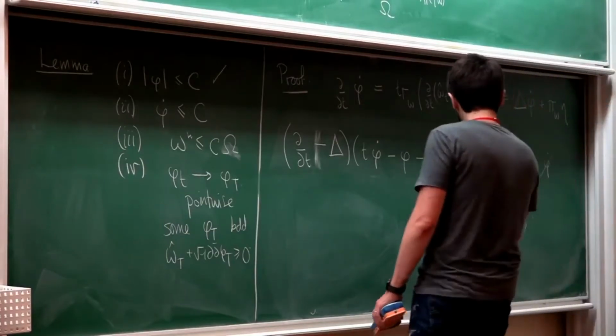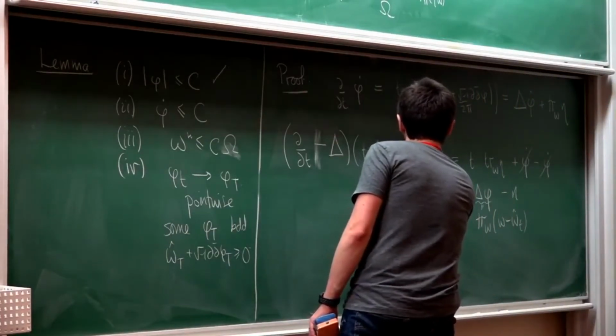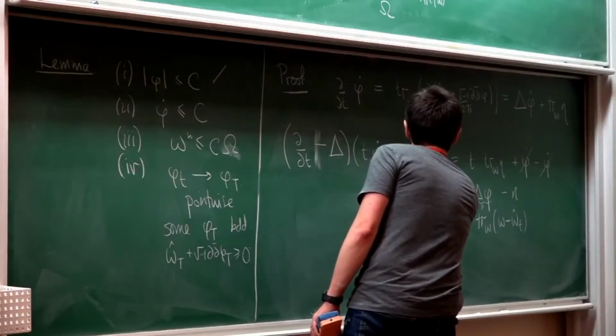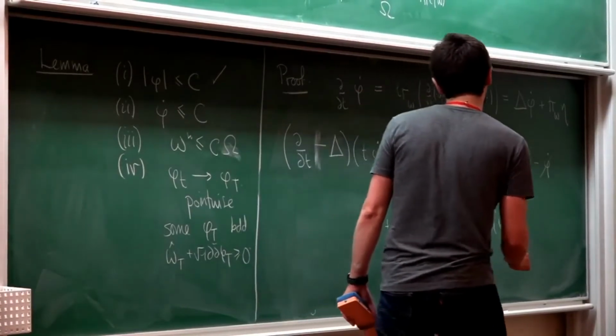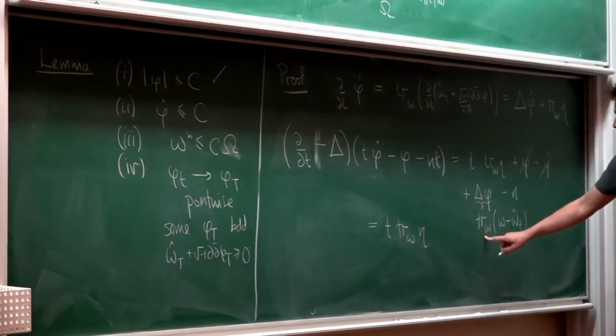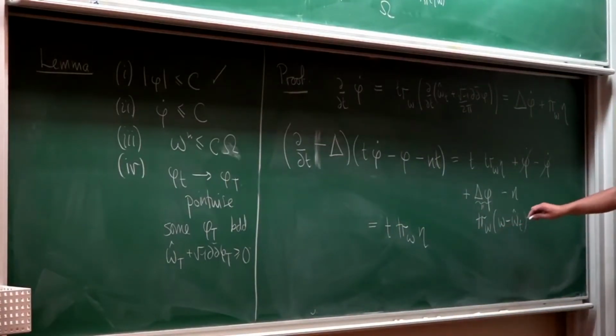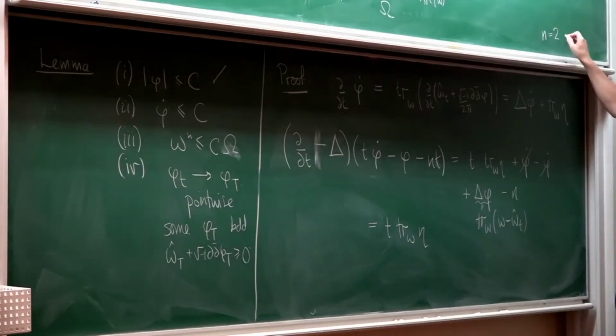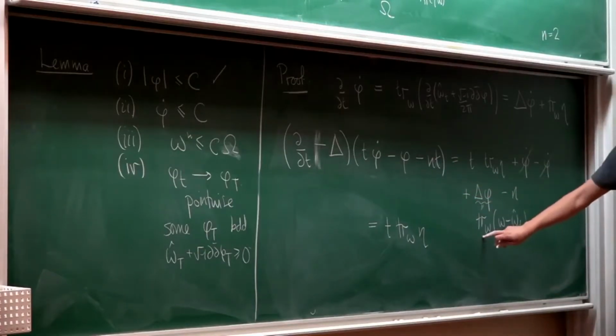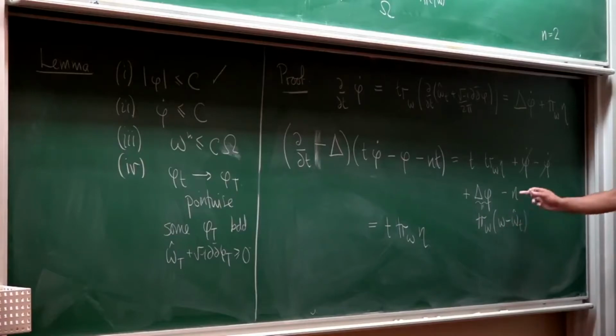Okay, so put that together, I get t times the trace with respect to omega of eta, and then the trace with respect to omega of omega is just the complex dimension. So n really should be 2, right? n is the dimension which is 2, so I could have replaced n by 2. Well, let me leave it as n. The trace with respect to omega of omega is just the complex dimension which is 2.